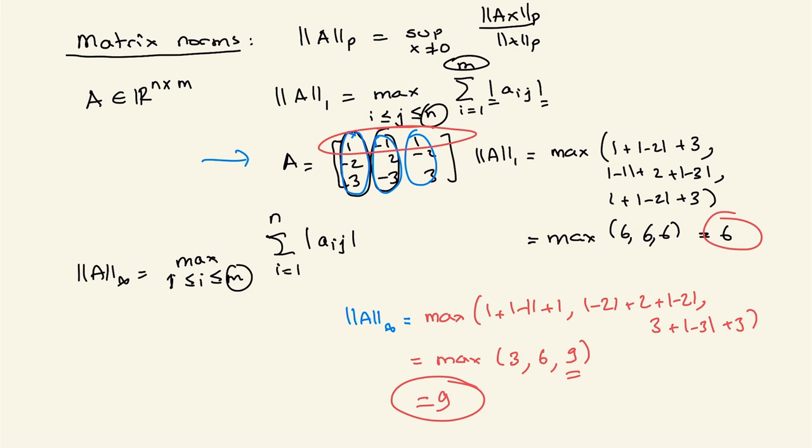The definition of the 2 norm is more straightforward. Basically, the 2 norm of A is the maximum eigenvalue of A transpose A, and you need to take the square root.